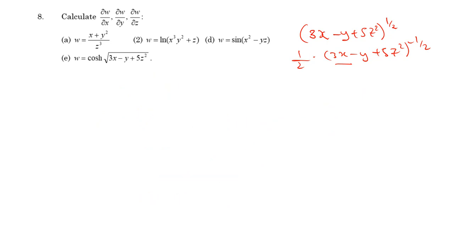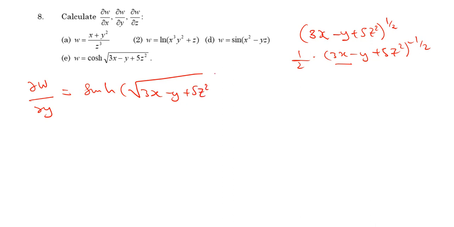The partial of w with respect to y. The same thing in between: I have the sinh of 3x minus y plus 5z squared, multiplied by 1 over 2 times the square root of 3x minus y plus 5z squared, like that.